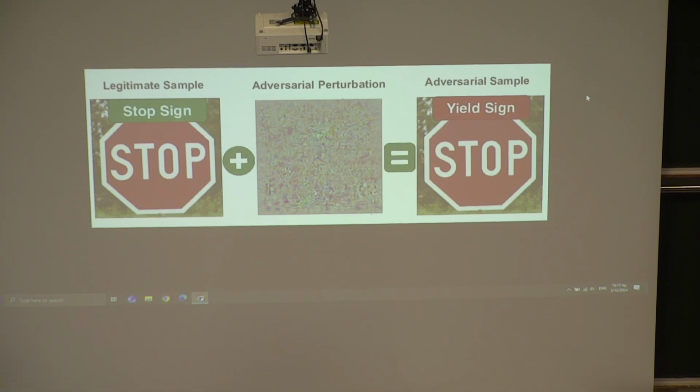Shown here is a typical example of an adversarial attack. You take some image, you add a little bit of something to obtain a new image, which for the human eye is indiscernible from the original one. Now, I've not made these images.